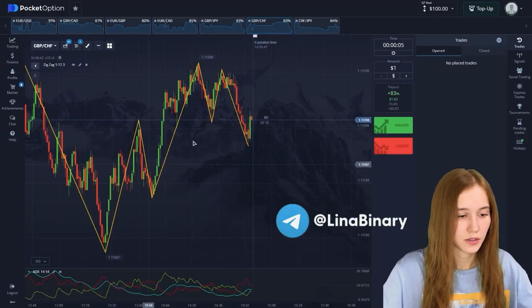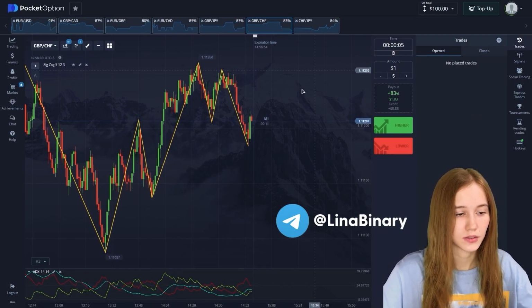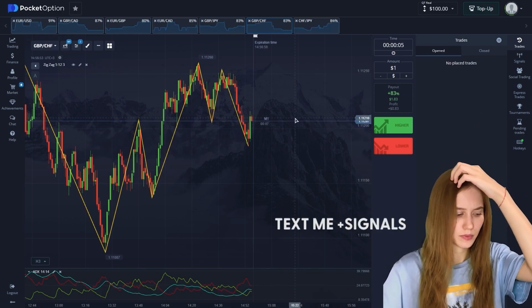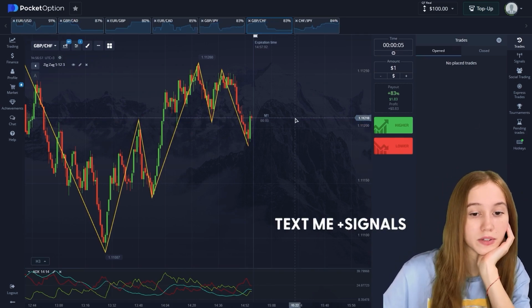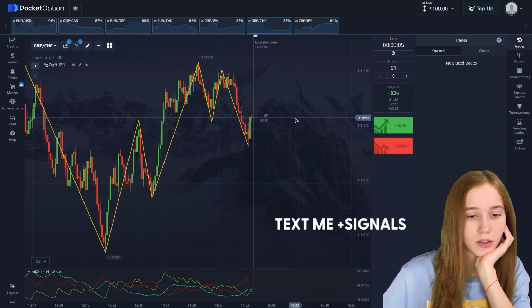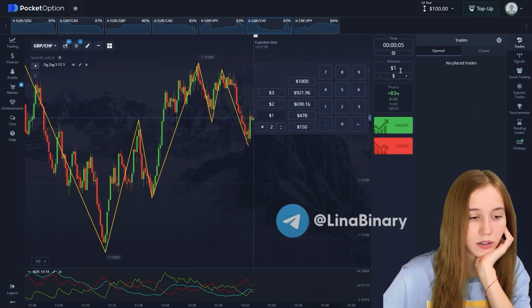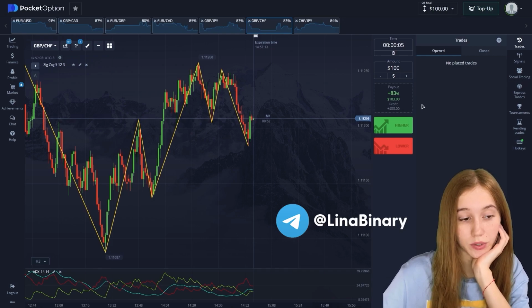So let's start on our workspace. Today we'll trade with $100. We start with this sum, our starting balance. The amount of each deal will also be $100.